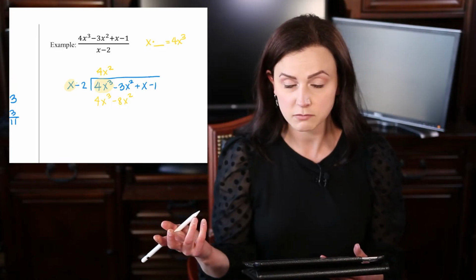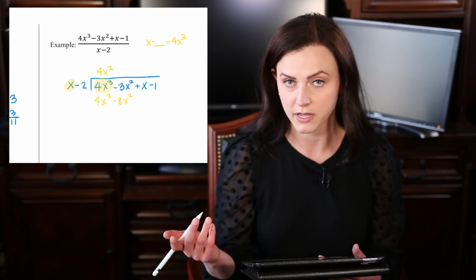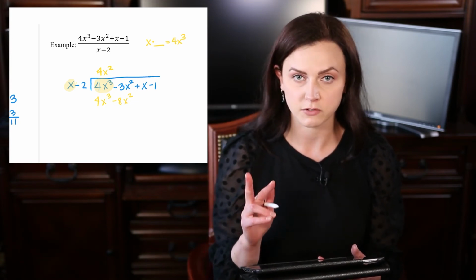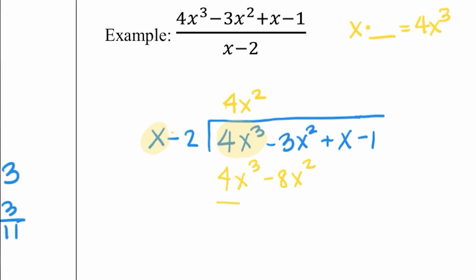Then what did we do next in the long division with whole numbers? We subtracted. You have to be careful here though because you have 2 terms. So what you want to do is change the sign of both the terms here and add. These 2 should always cancel out because you set it up that way.